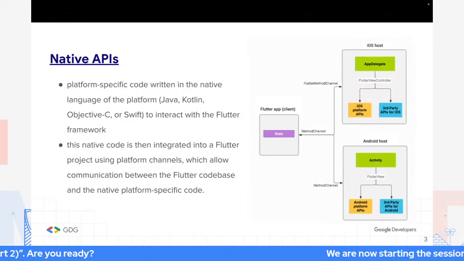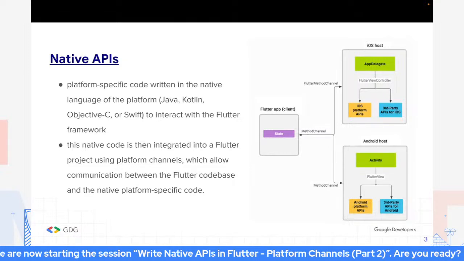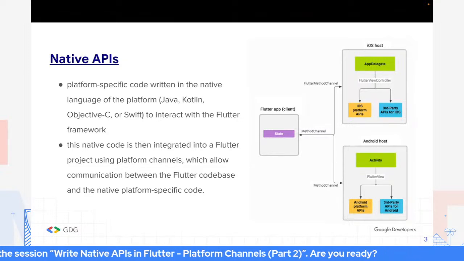So, the reason why native APIs exist is because Flutter is a cross platform framework, which means that you can write code and you can build applications that will work on multiple platforms.